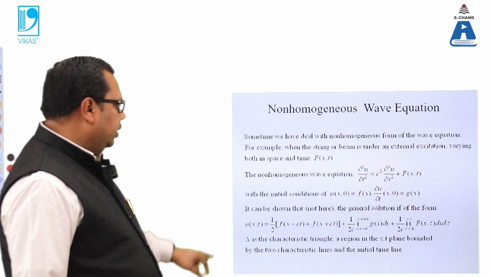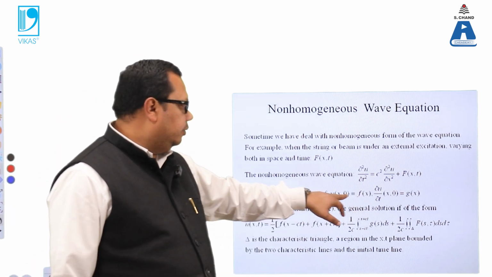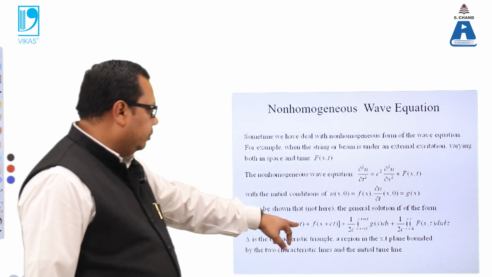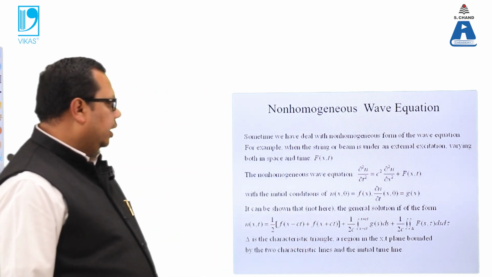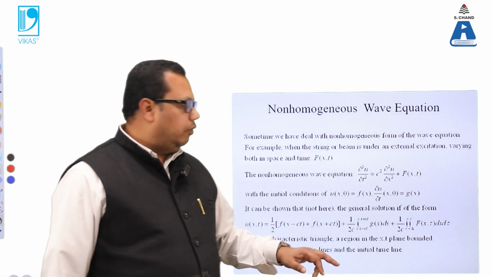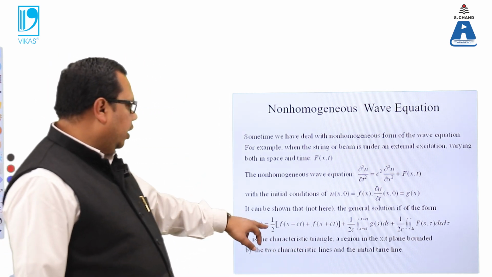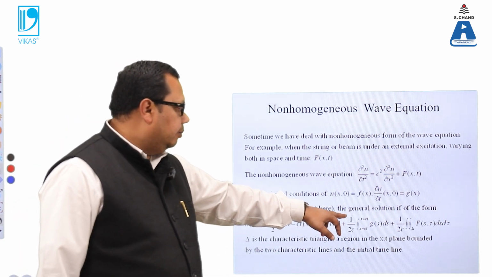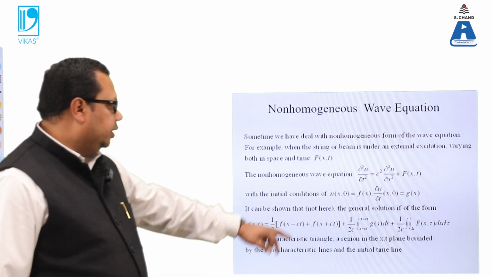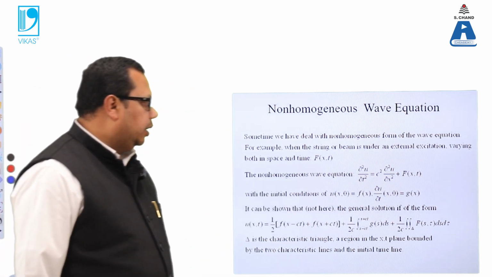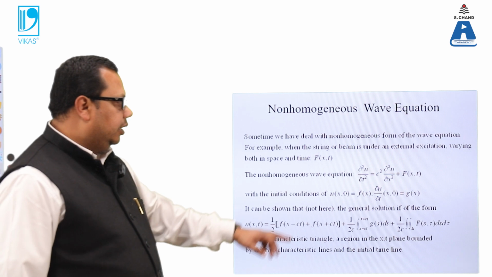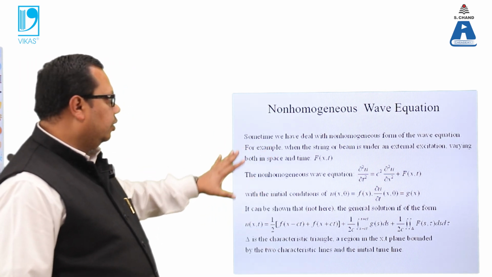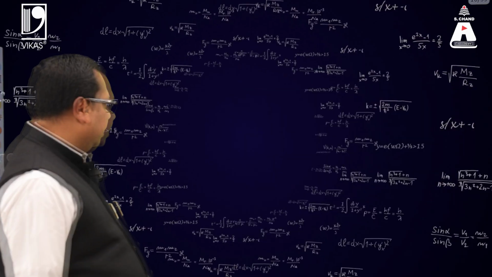We can calculate this with the initial conditions, again taking the values to be 0 at the initial condition, and then we are again forming the same equation, as we have done in the Helmholtz equation. u(x,t) is equal to 1 by 2 times f(x minus ct) plus f(x plus ct), plus 1 by 2c times the integral from x minus ct to x plus ct of g(s) ds, plus 1 by 2c times the double integral of f(x,t) ds dz. So this is the particular solution of any kind of wave equation that we form.